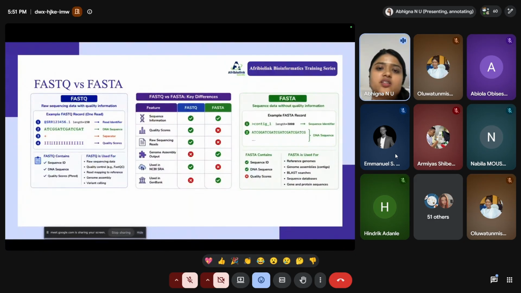Both carry the sequence information, but only FASTQ carries quality scores, and FASTQ is raw read sequencing, and FASTA only contains genome assembly output. FASTQ is the one we get in NCBI SRA, whereas FASTA sequences we get from DNA sequencing portals such as NCBI itself, which is used in NCBI GenBank.